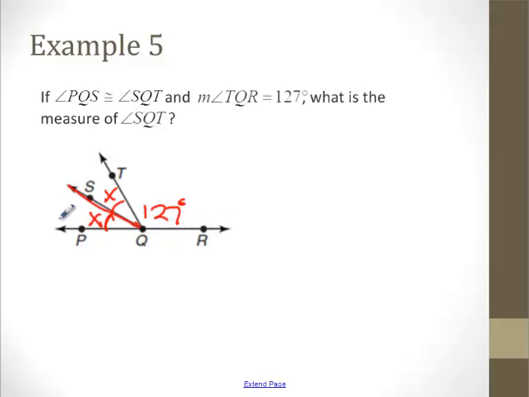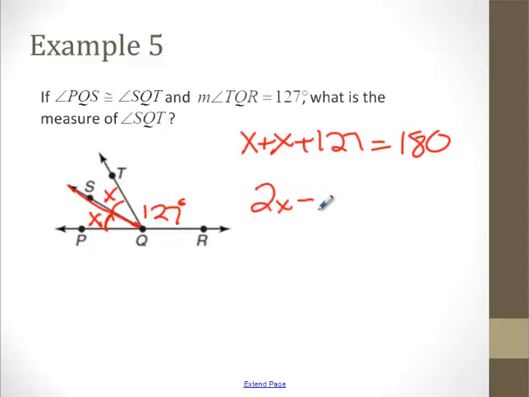Angle PQR makes up a straight line, which means it's a straight angle. All straight angles add up to 180 degrees. So X plus X plus the 127 equals 180 degrees. I'm going to start solving. I'm going to take my two x's, combine them, and I'm going to subtract the 127 in one step just to save some work.